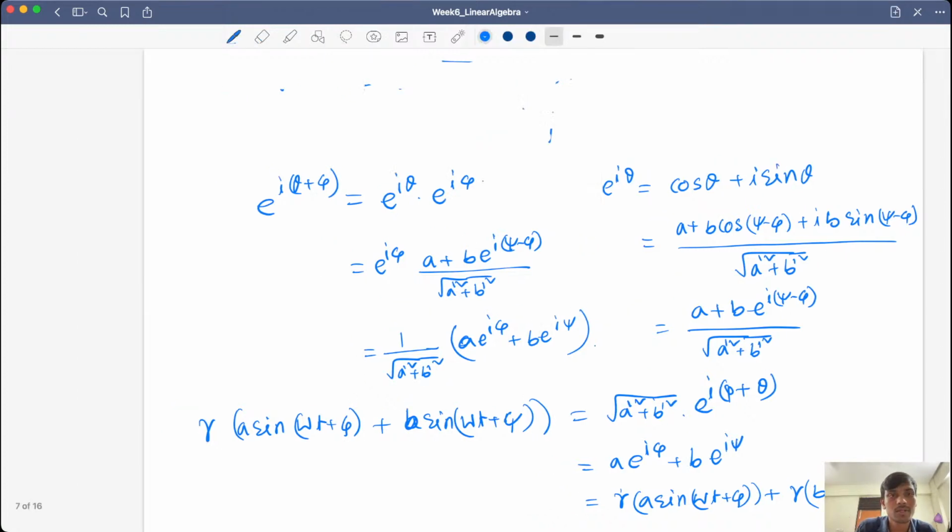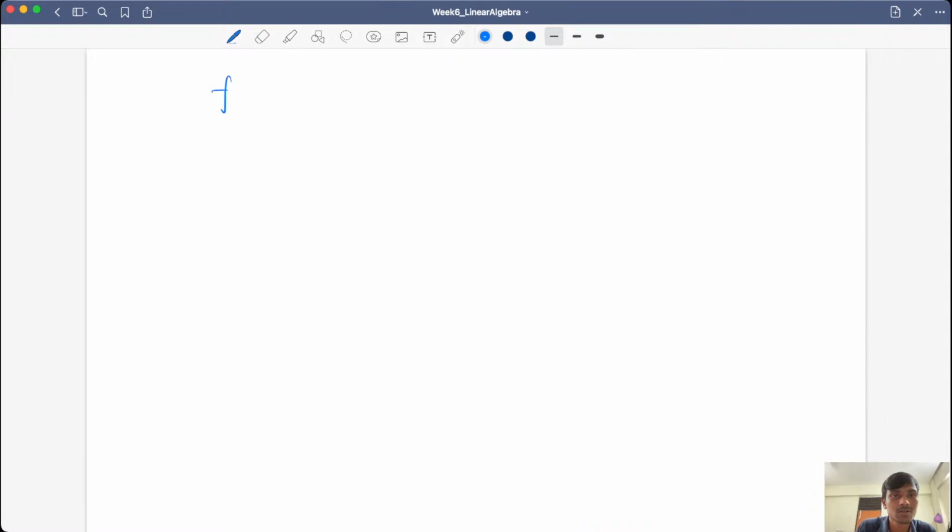But that is easy, because if I take gamma of c times a sin omega t plus phi, that is ca of sin omega t plus phi, so that is the same as ca e power i phi, because here the a is transferred to ca.